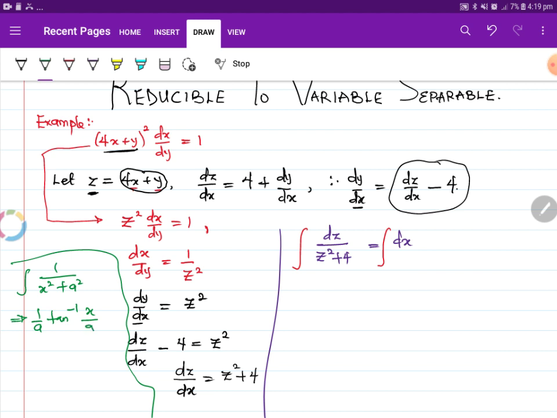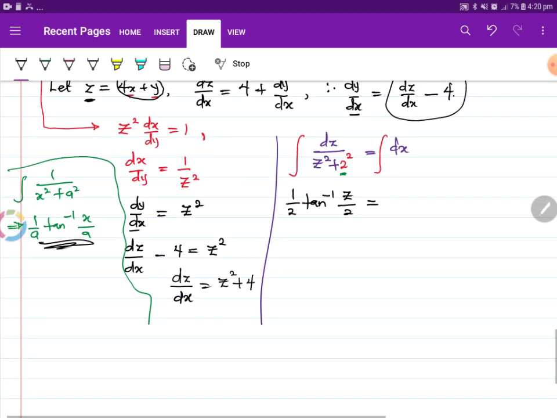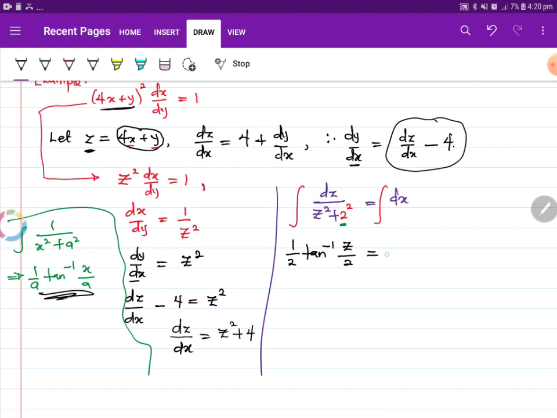Now, by comparison, my a squared will be what? 4 is the same thing as 2 raised to power 2, in form of a squared. Now, if I'm to use this technique to solve that question, then my answer will be 1 over 2 arctan of z over 2, which is equal to, if I integrate 1 with respect to x, I have x plus c.